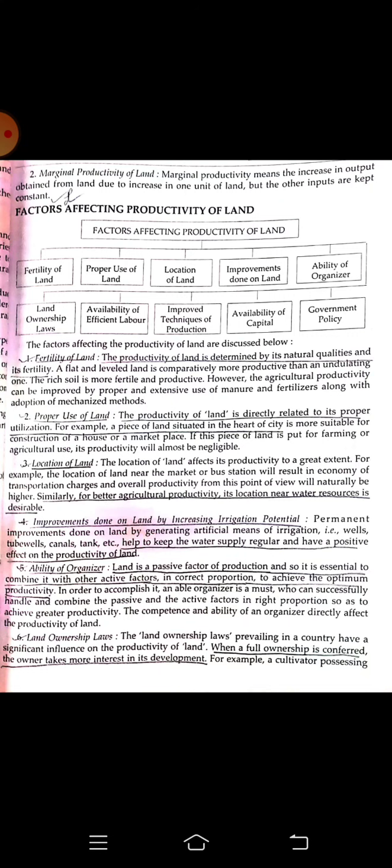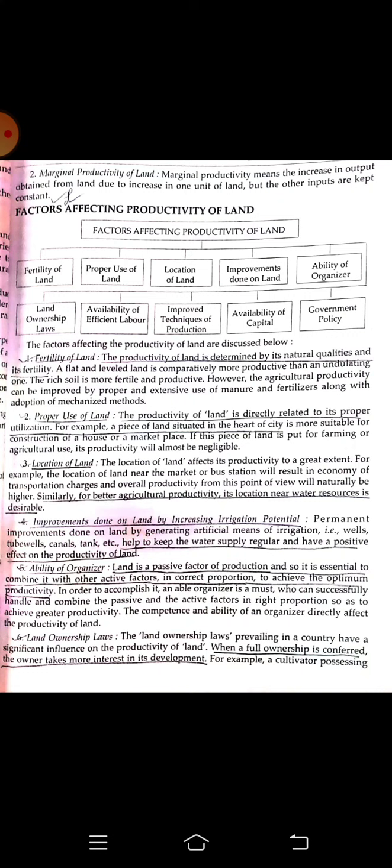And the last point is government policy. Government policy means a proper agricultural policy that provides required assistance for the farmers. This means that if the government is adopting some policy that is very beneficial for the farmers, because in the context of India, the farmers are really poor.